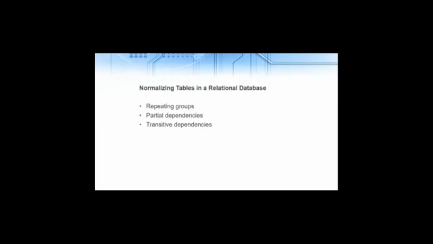The first ones are repeating groups and partial dependencies. These are the steps of the normalization process.